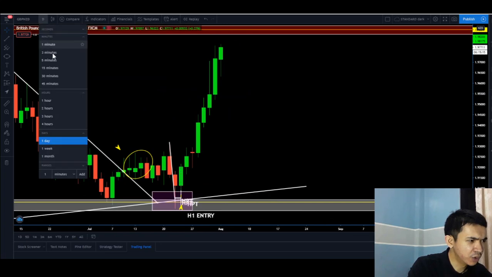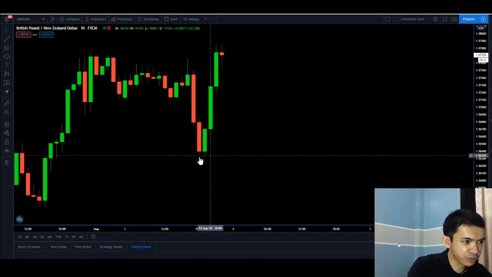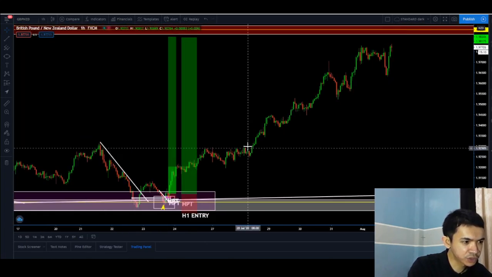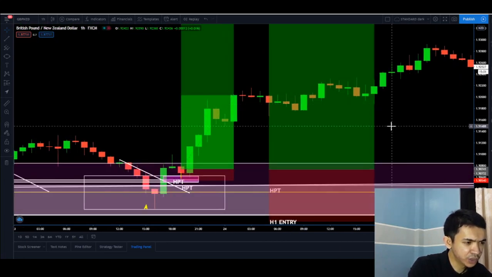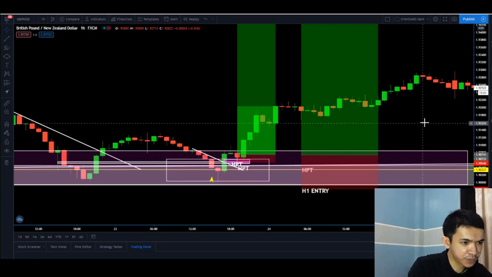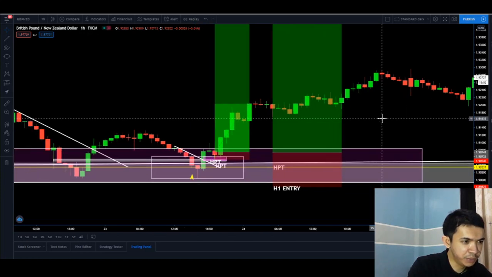So going back to an hour time frame, let's just see the difference of entries and of course to its risk reward ratio, right? Look at that, guys. Look at that. How can it be better than that?